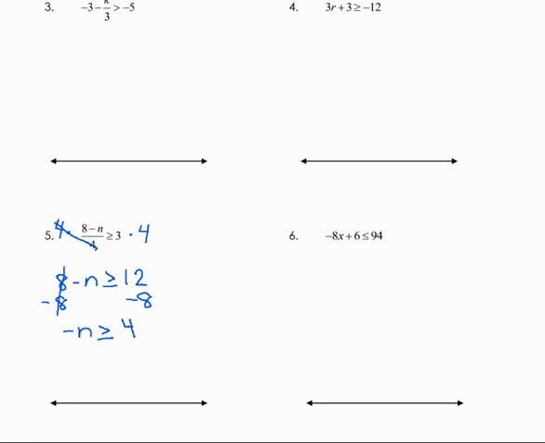Last but not least, we need to get rid of the negative, so we divide through by negative 1. Remember that, okay? Remember I had said a couple people were subtracting by 1. We're dividing through. So that gives me n, and I'm dividing by a negative, so we must flip our symbol: n is less than or equal to negative 4.